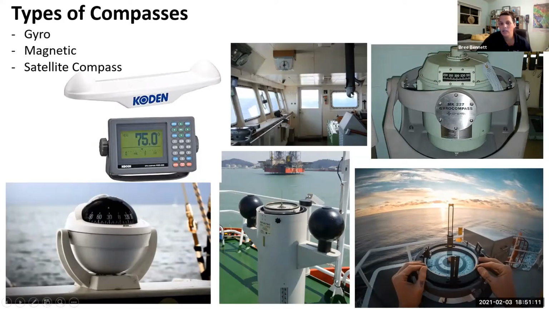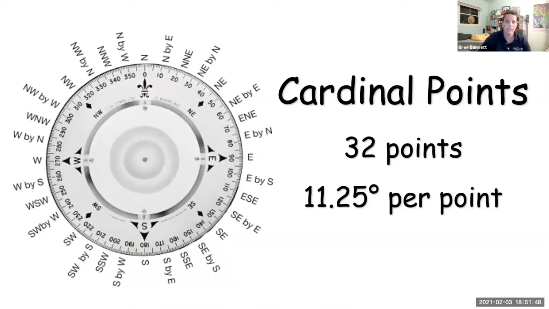So you get an actual readout of what that magnetic compass is in the wheelhouse. You don't have to see wherever it is, because you want it to be as far away from electronics and other things as possible, which we're going to get into. But anyways, so those are our types of compasses. Again, you guys are most likely going to be using a magnetic compass, satellite compass, or a handheld compass.